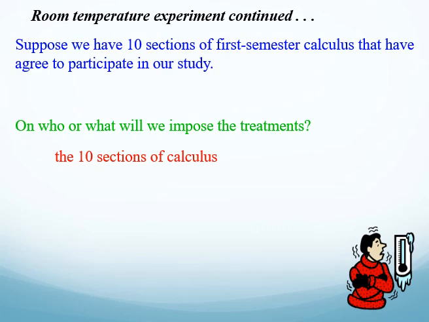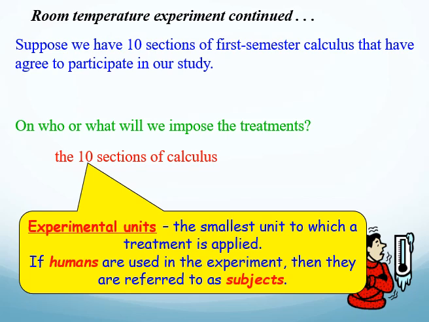Those 10 sections are the experimental units, the smallest unit on which a treatment can be applied. If the subjects are human, we call them subjects, otherwise experimental units. Here, each of the 10 sections is an experimental unit because that whole group gets the same treatment.